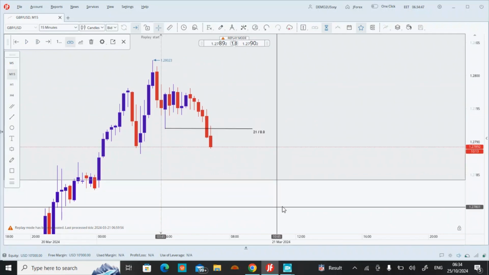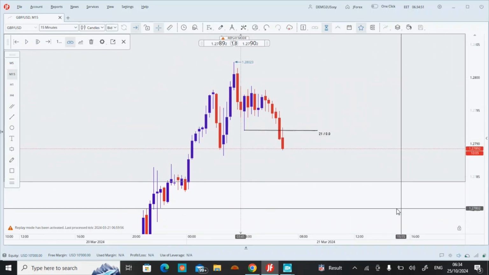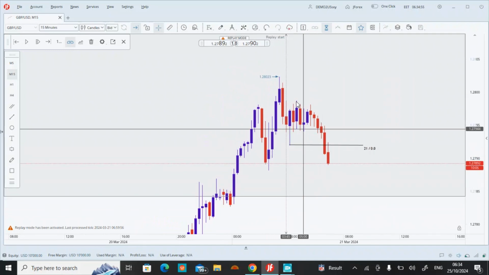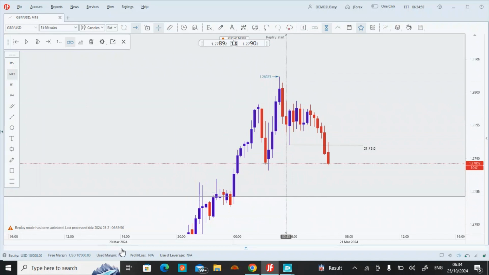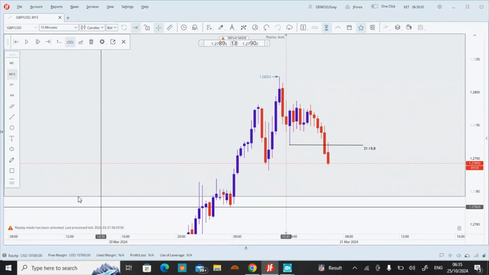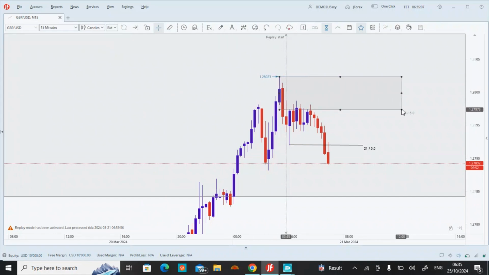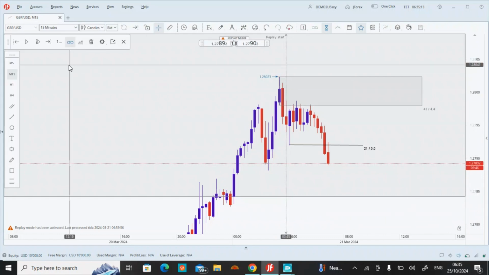We can now consider that we have a change of character here. So we just don't enter now that we have a change of character. We'd wait for price to come back to a zone. In this case, this last candle here would be our zone. We would expect price to at least come back here before we look for short opportunities.